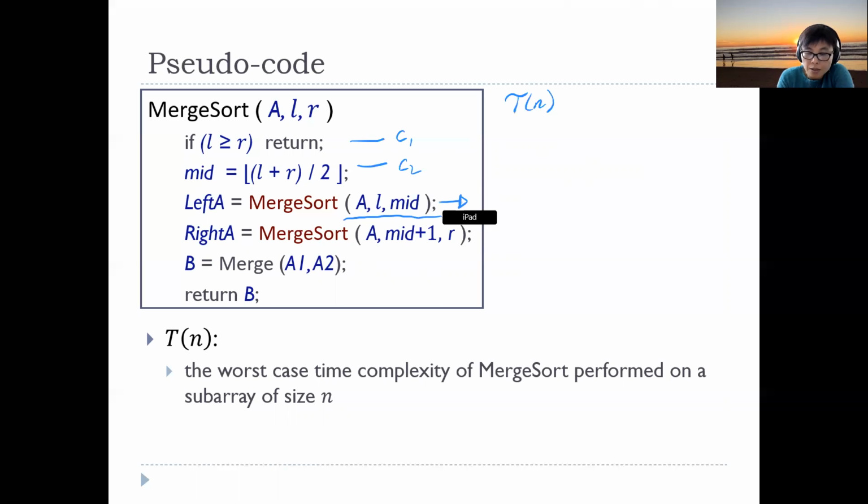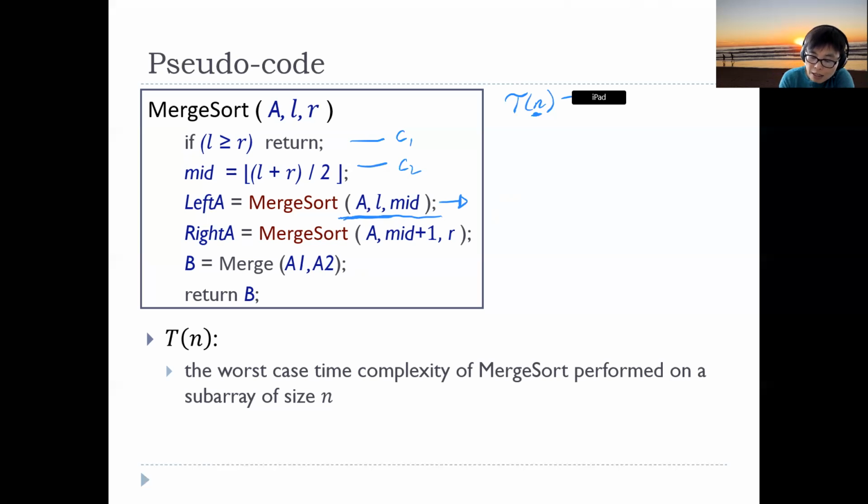Well, this one is calling the same algorithm again, but on a smaller portion of the array, which is only the left half. In other words, if currently the portion of the array we're looking at has size n, then for this subroutine, we're only calling the same algorithm on a subarray of size n over 2. We don't exactly know the time, but we already use T to represent it.